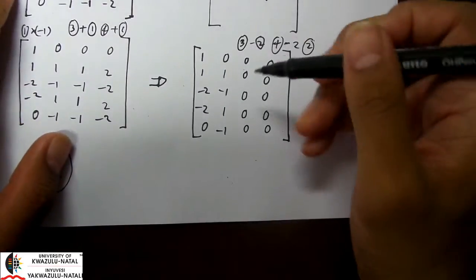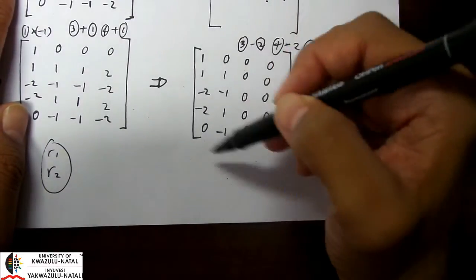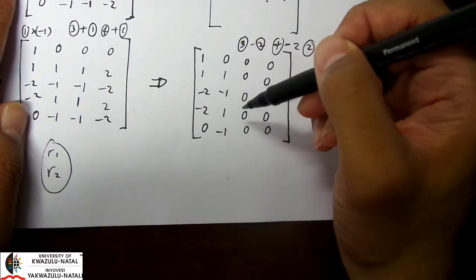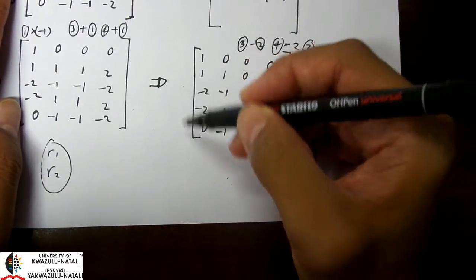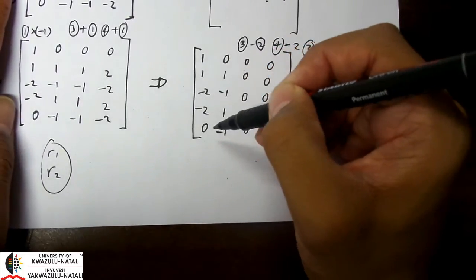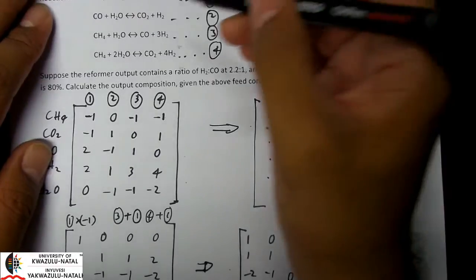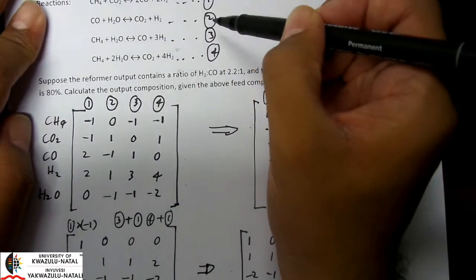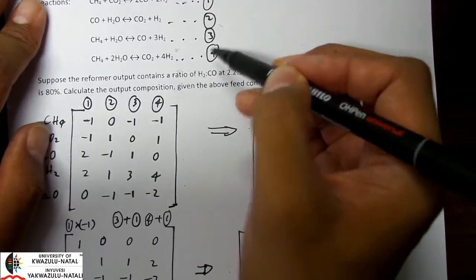Now it is quite important for me to note that once we have done our Gaussian reduction, the reactions that we are left with will be the reactions that we are actually going to use. Okay, so it's not a simple case of choosing reactions 1 and 2 and discarding reactions 3 and 4.